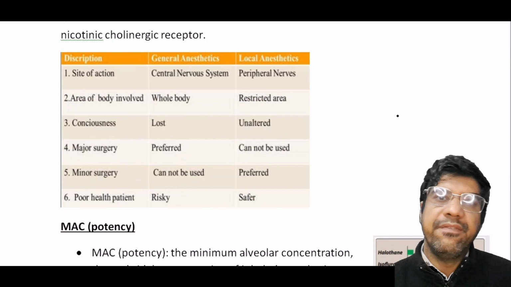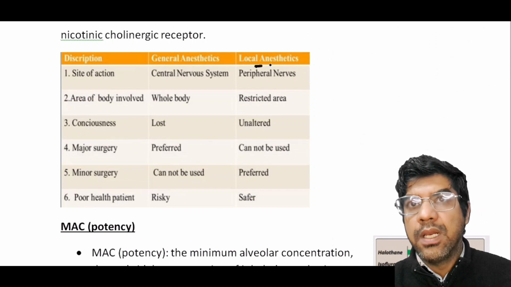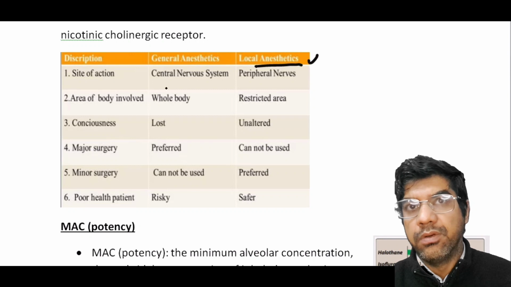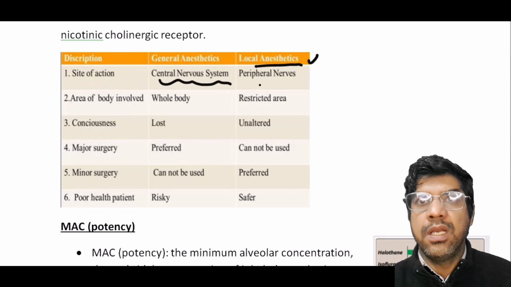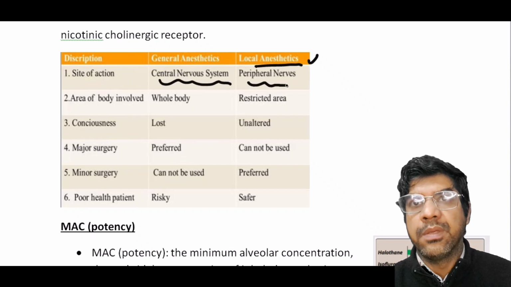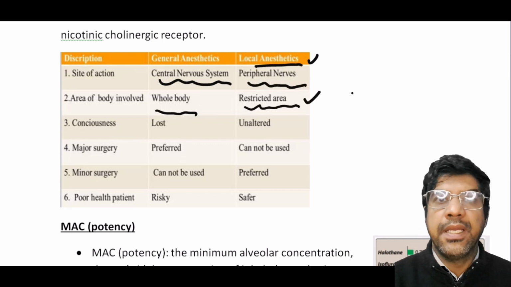Now, what is the difference between general anesthetics and local anesthetics? On site of action, the general anesthetics act on the central nervous system, whereas the local anesthetics affect the peripheral nerves. The GA affects the whole body, and LA would be confined to some restricted areas.